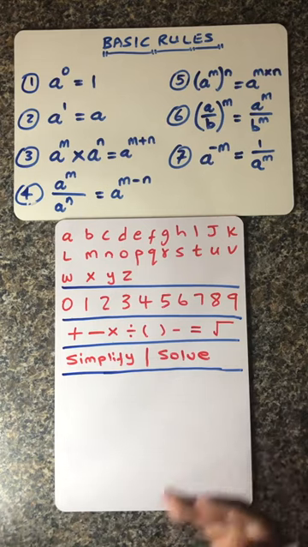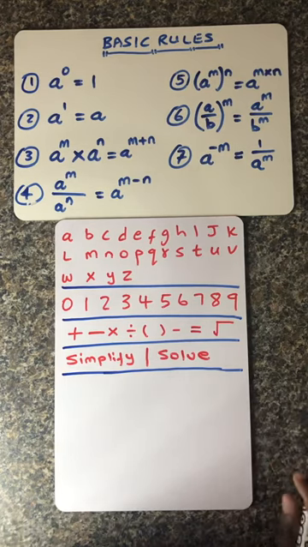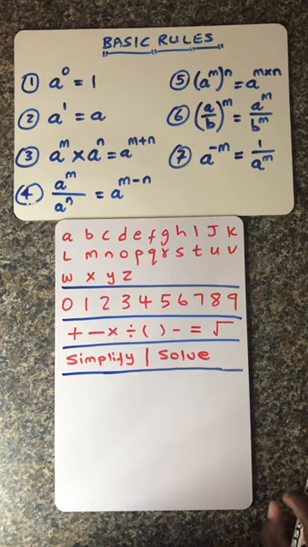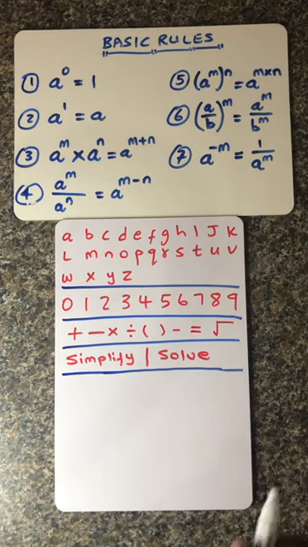They will see whatever you give them as a completely different equation, whereas it's the same. They just need to apply the same rules but differently. So guys, I want to emphasize that the basic rules are the starting point.